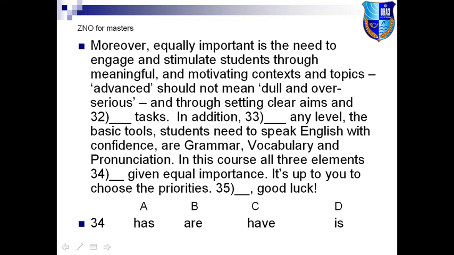So B, are given. So in this course, all three elements are given equal importance. It means that we are going to consider all these three elements: grammar, vocabulary, and pronunciation, and it will help you in the future to get good points, a good mark, a good grade in the exam. So I mean all three elements, they are given equal importance.